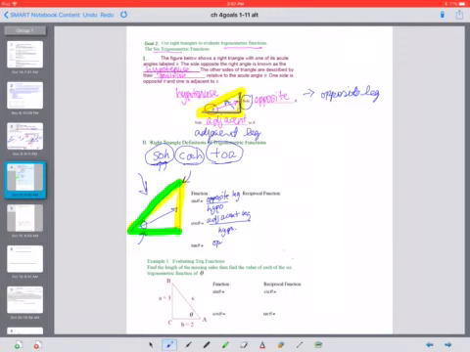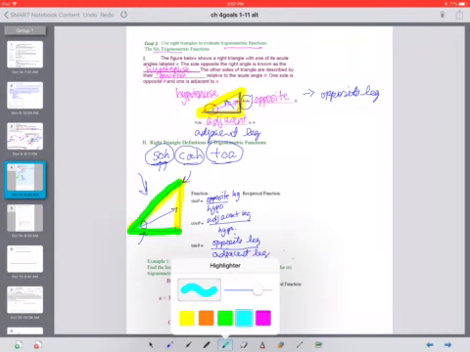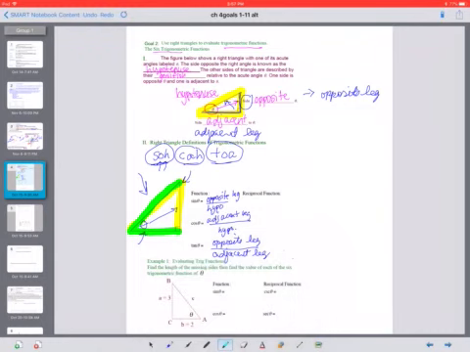O represents the opposite leg. A is the adjacent leg. So the tangent is represented by the leg on the opposite side of the angle theta divided by the adjacent leg of angle theta.